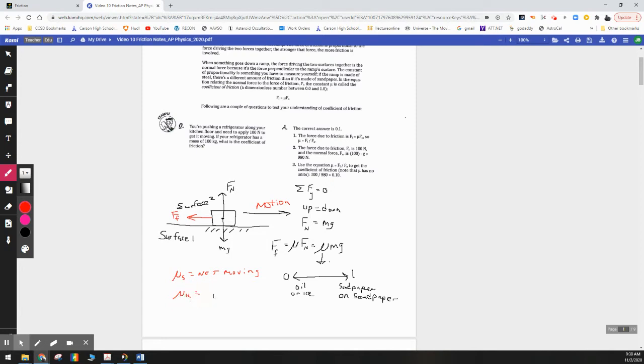This is friction while moving. So there are two kinds of coefficients of friction, when it's not moving and while it's moving. Mu k is for kinetic, and mu s is for static. And we'll talk about which one of these is greater.